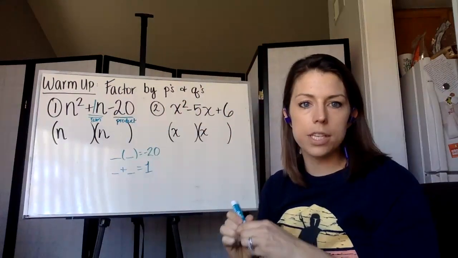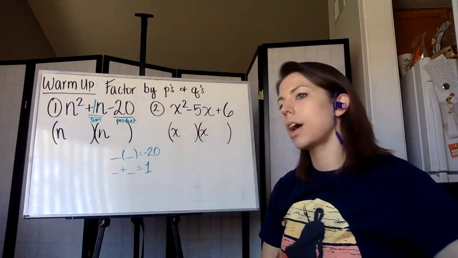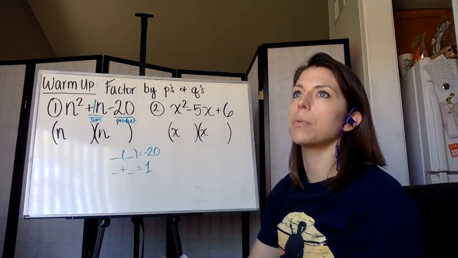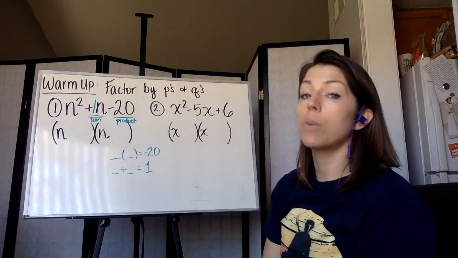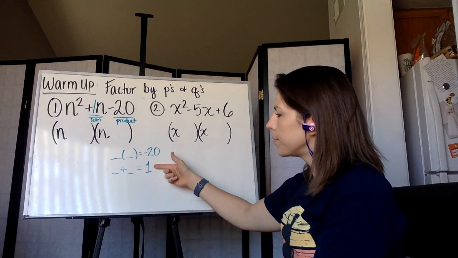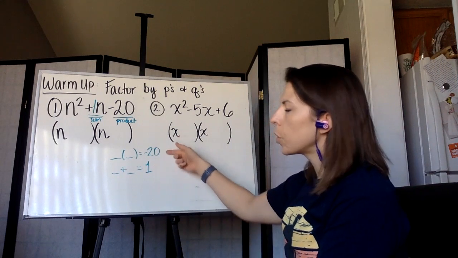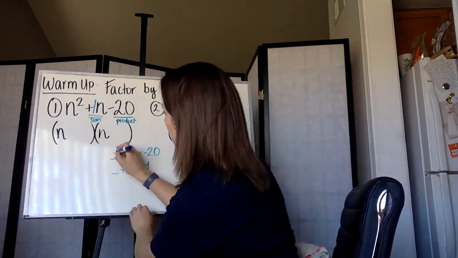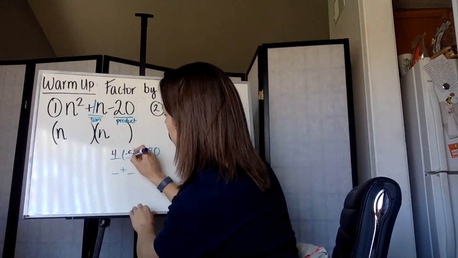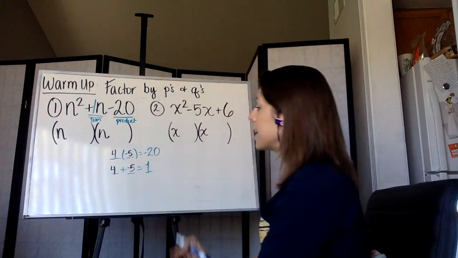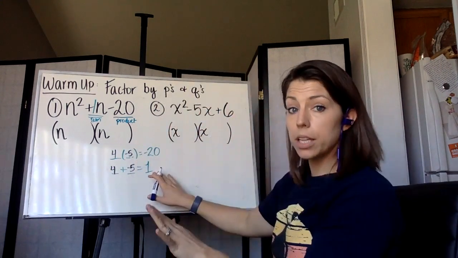So we start thinking about all the different products for -20. 2 and 10, well, those are 8 away from each other, so probably wouldn't get a sum of 1. 4 and 5 are 1 away from each other. But if the sum is +1 and the product's -20, which one is positive, 4 or 5? Let's try making 4 positive first. 4 times -5 is -20. 4 plus -5 is -1, so we're really close.